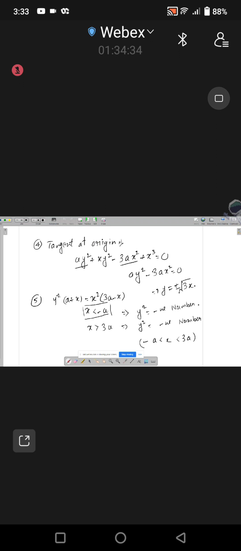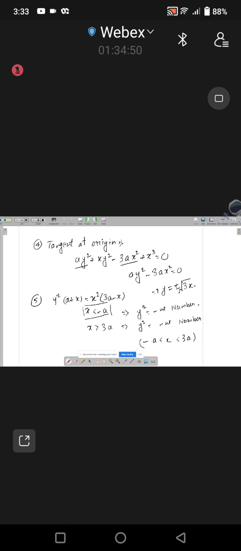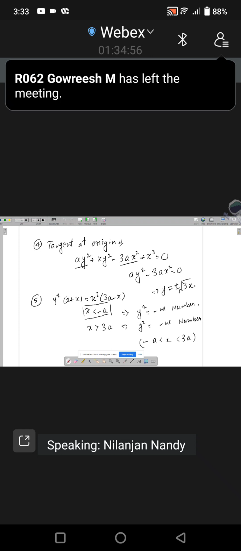Okay. Next, we are checking the region of the curve, which is minus a to 3a. When x is less than minus a, you have y square as a negative number, and similarly for x greater than 3a. So these two are not the regions of the curve.